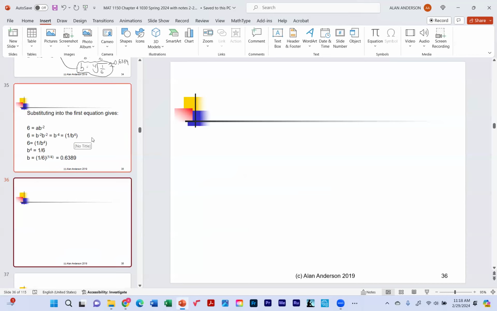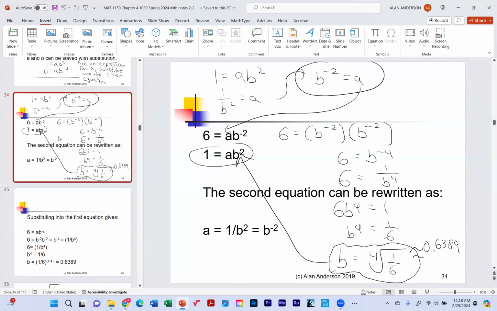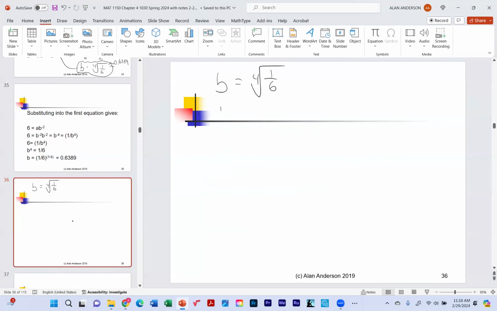So remember, we know that b is the fourth root of 1/6. We also know from the second equation that 1 equals ab squared. So that means 1 over b squared is a.